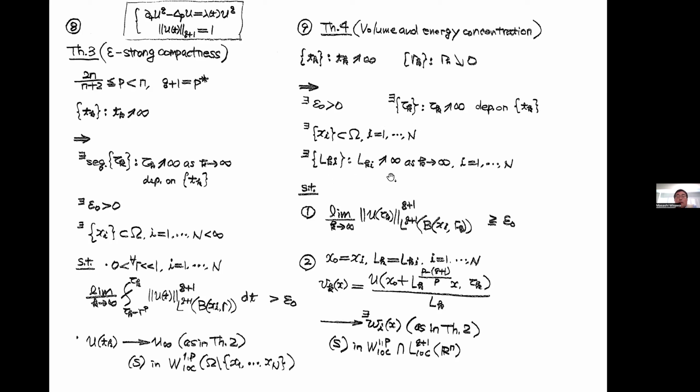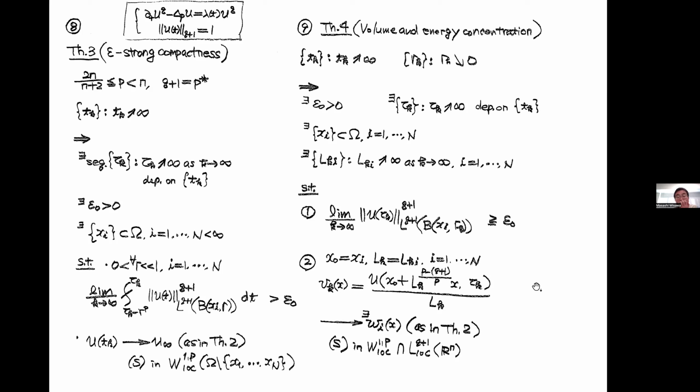LKI diverges to infinity, such that the following formula and convergence hold true. The first one is almost the same as the first formula in theorem 3, which means the n finite points xi are concentration points of volume in this sense. This quantity and the quantity in theorem 3 are almost the same.